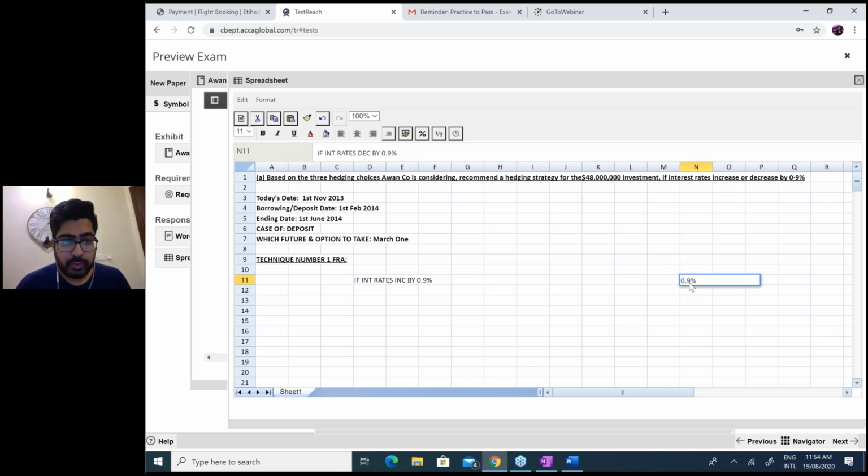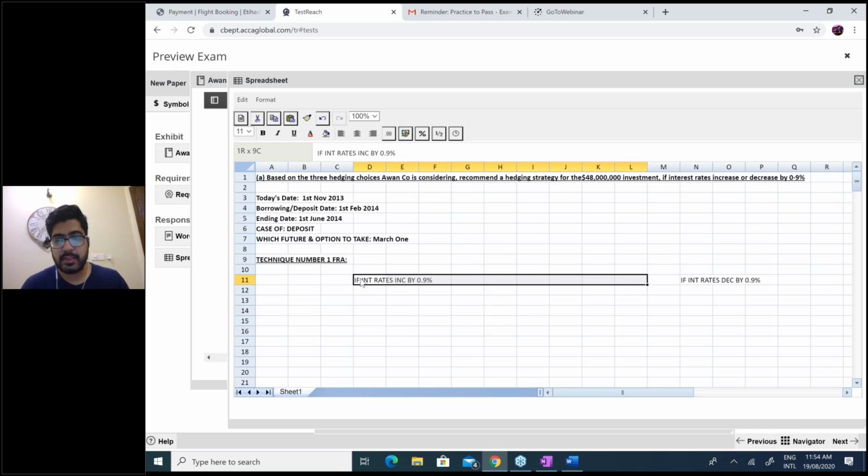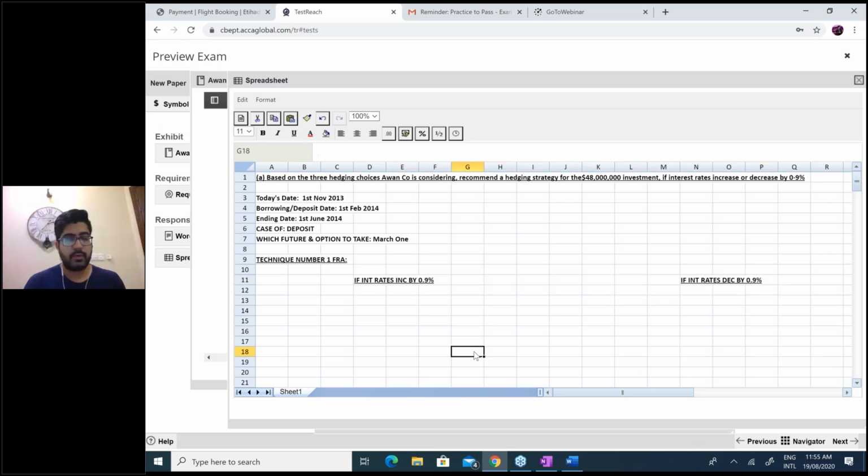It's written above based on 3 hedging choices. The one is considering recommend hedging strategy for 48 million investment if interest rates increase or decrease by 0.9. You have to answer 2 things. Okay, let's make the format of FRA.